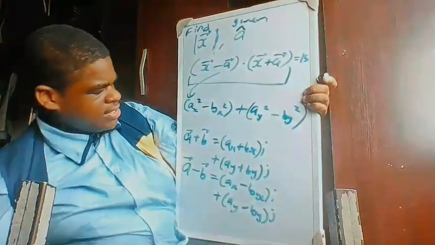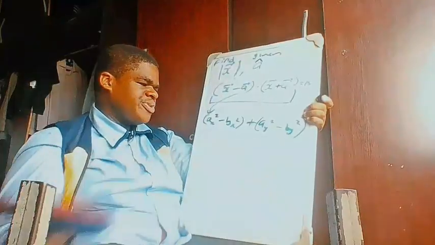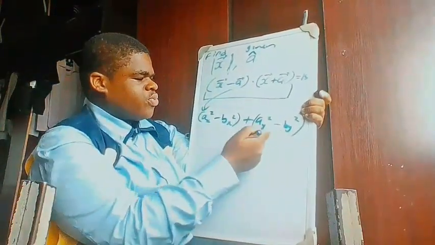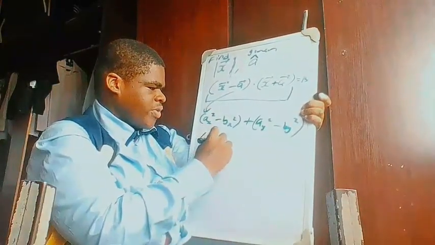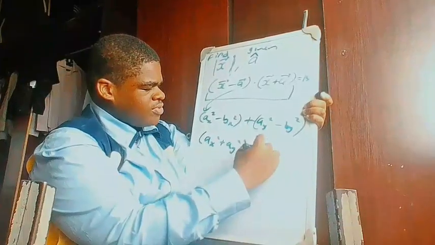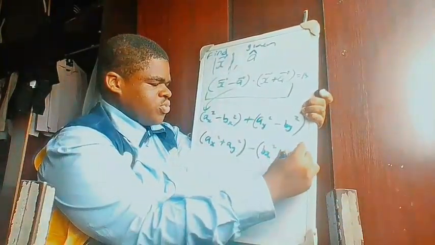Now if you look at it, you have ax squared minus bx squared plus ay squared minus by squared. Now if we do some rearrangement, we are going to get ax squared plus ay squared minus bracket open bx squared plus by squared.